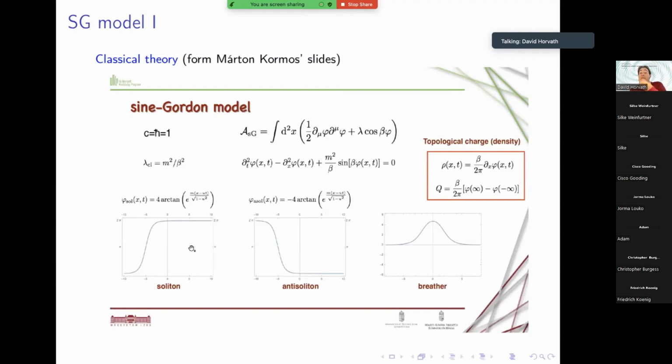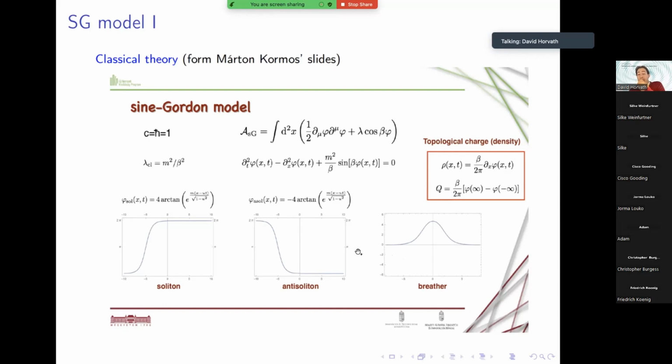So these solutions are topological because of this interpolating nature, but you can have other solutions of this equation of motion, topologically neutral ones, and these are the breather configurations. And of course, the model is integrable, so you can have a multi-soliton, anti-soliton, multi-breather solution, and you can boost everything so they can move. Crucially, because of integrability, they keep their shape after scattering events.